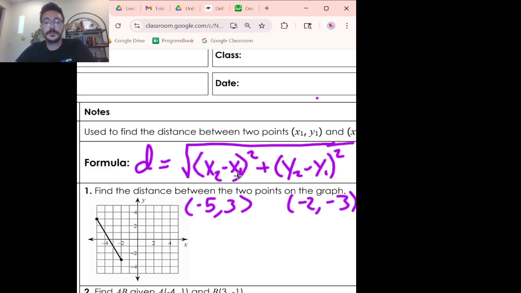First, in these spots, I need an x2 and an x1. Just before we leave this, let's label that: that's my first x, that's my first y, that's my second x, and that's my second y. Handwriting's hard on here. So I'm going to have a -2 minus a -5.